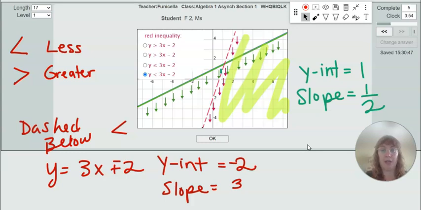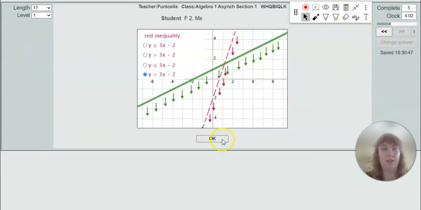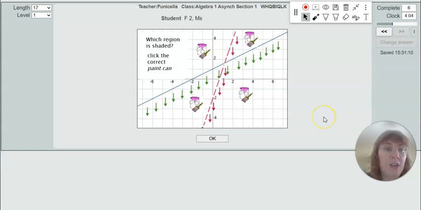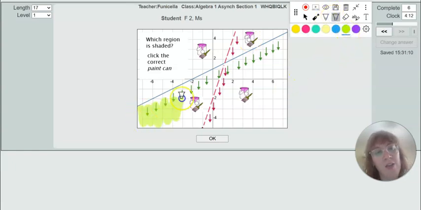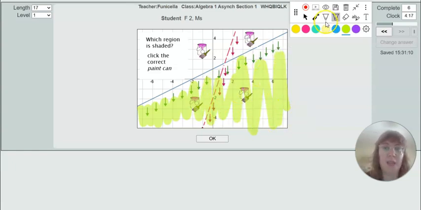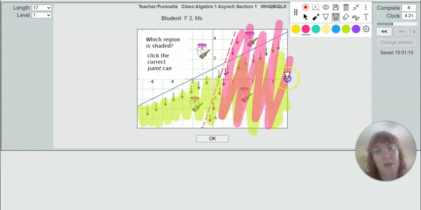After I hit OK on this one, I am going to clear my board. There's a lot of junk going on here. So let's clear the board. Which region is shaded? Click the correct paint can. Okay, so we have our green shaded below. That's all this. And then we have our pink shaded below.